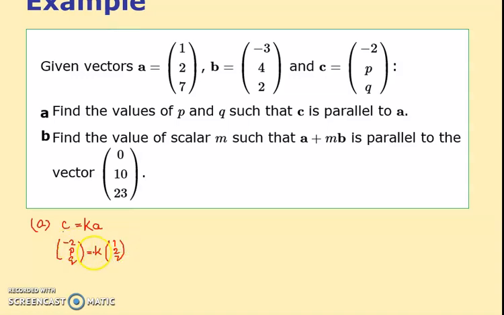And so you can see if I have K to be minus 2, the top line works. You can see that minus 2 times by 1 would give me minus 2. So therefore K equals minus 2. If that's true, this implies that, well, now I know it's minus 2 lots of 1, 2, 7.